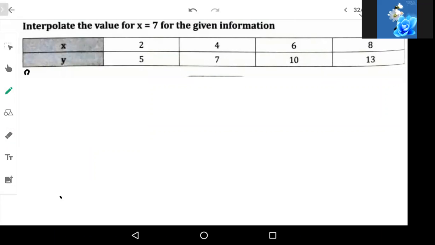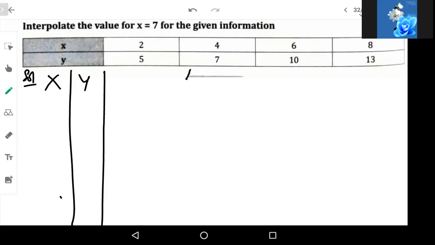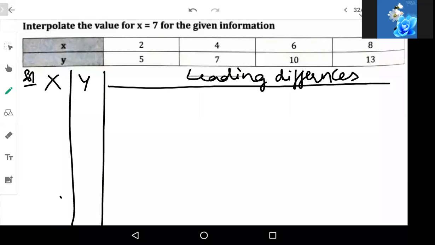So solution: draw a table where you have x, you have y, and you will have leading differences. Under leading differences we will see how many columns will come.